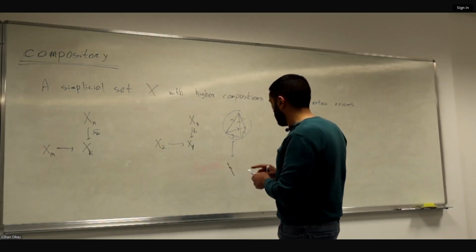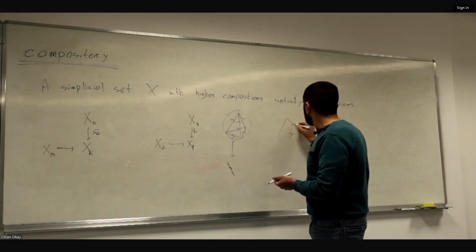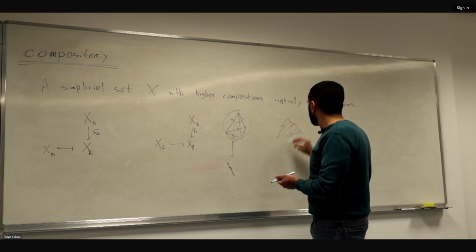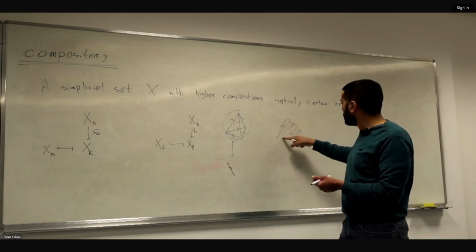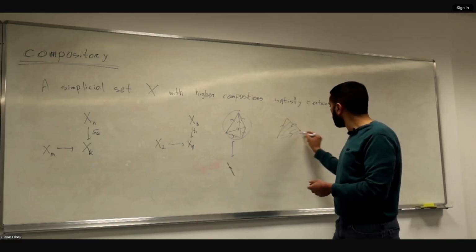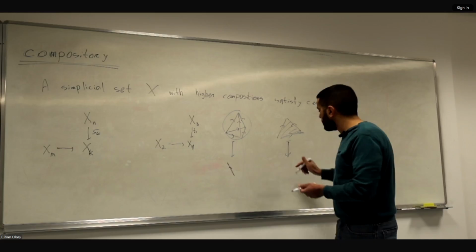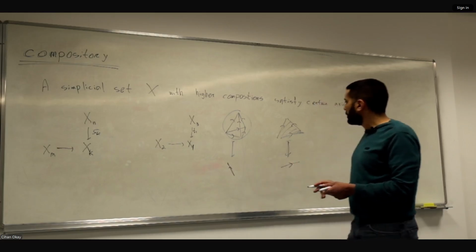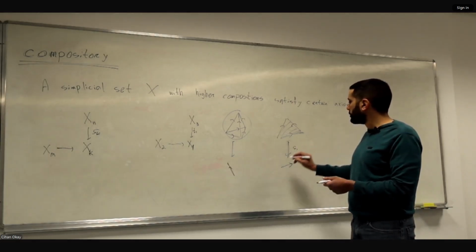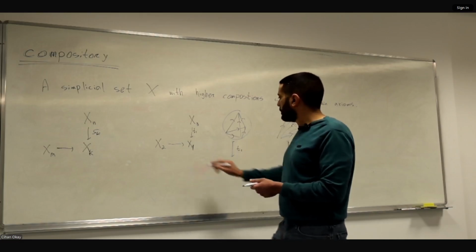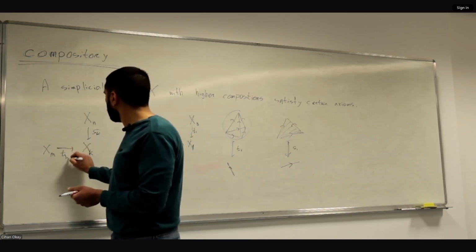I have something in X2, and to the beginning of this, like 0, 1. So this is called S1, and this is T1. In general, we have T_K and S_K.